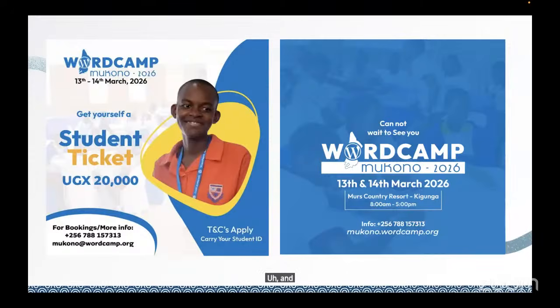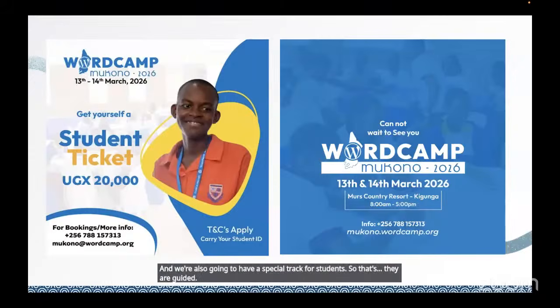And you can send an email to mukono@wordcamp.org, or the organizer is our fellow ICT teacher. So we have a dedicated teachers track, and we're also going to have a special track for students so that they are guided.